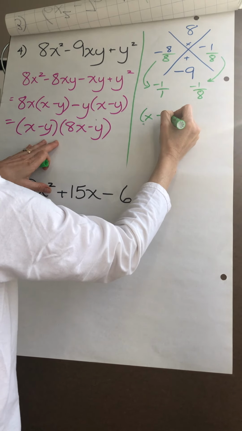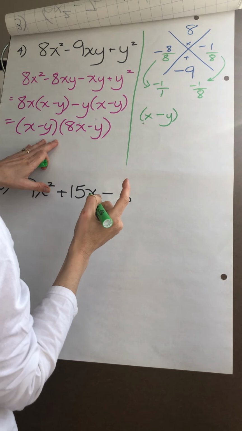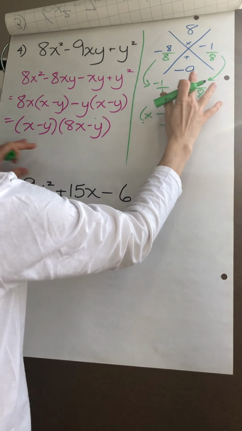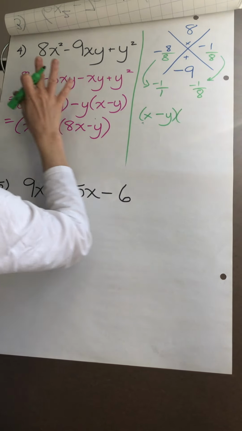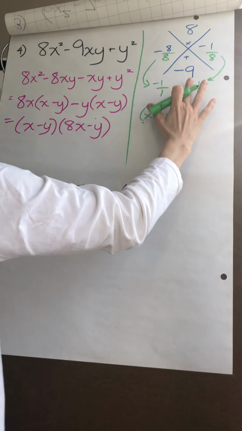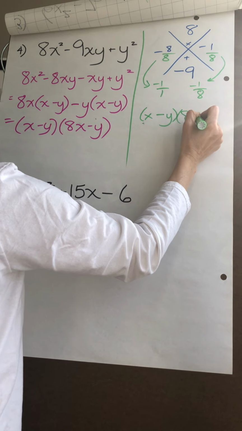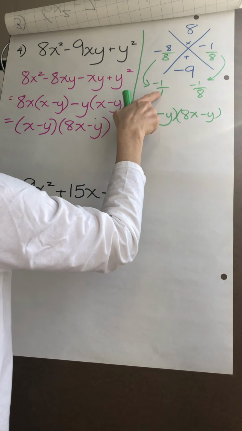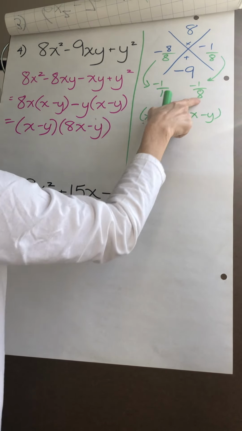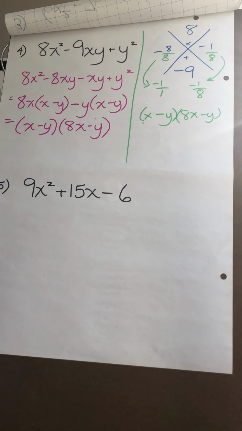Remember, it's not just 1, it's a y. We have that variable in there, okay? So this is a little tricky in that you don't have your variables in it. This one you have to remember to go back and put the variables in there. And then that's 8x minus y, right? 1x minus 1y, 8x minus 1y.